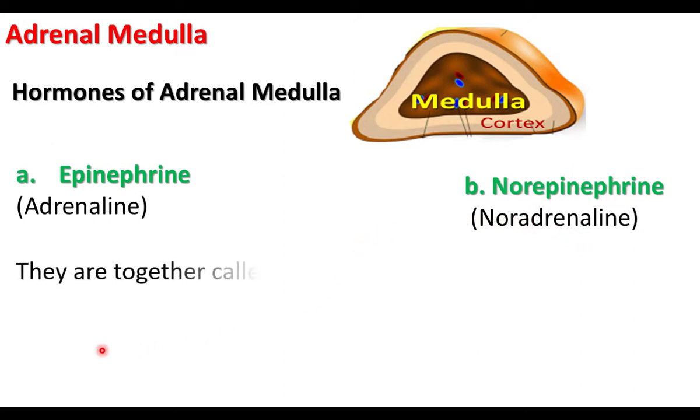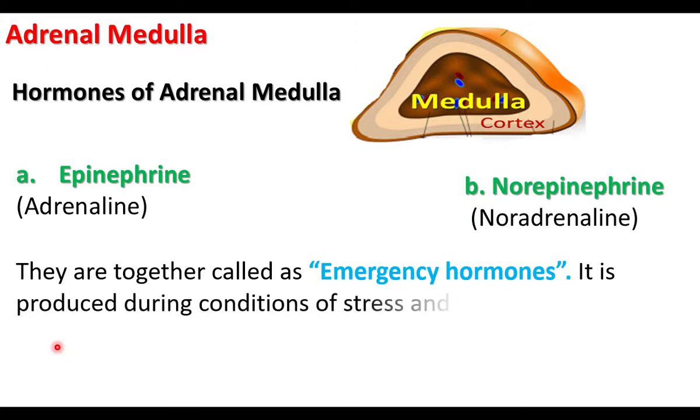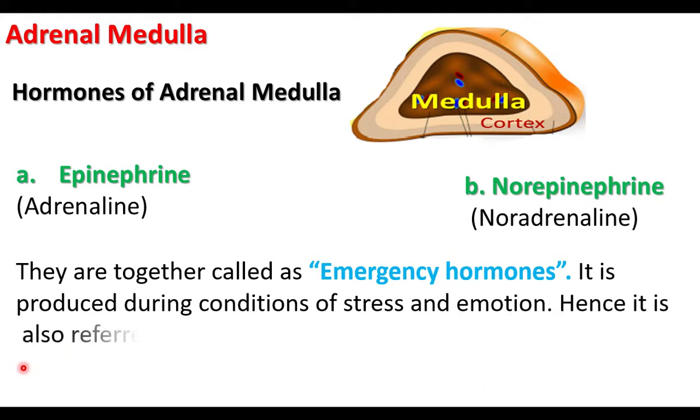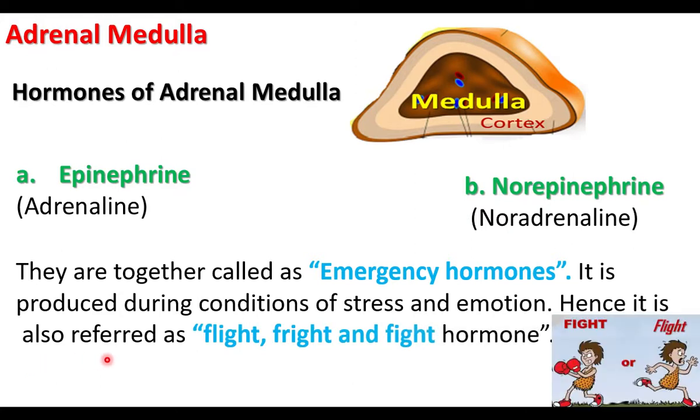They are together called emergency hormones because they are produced during conditions of stress and emotion. Hence, they are also referred to as flight, fright, and fight hormones.